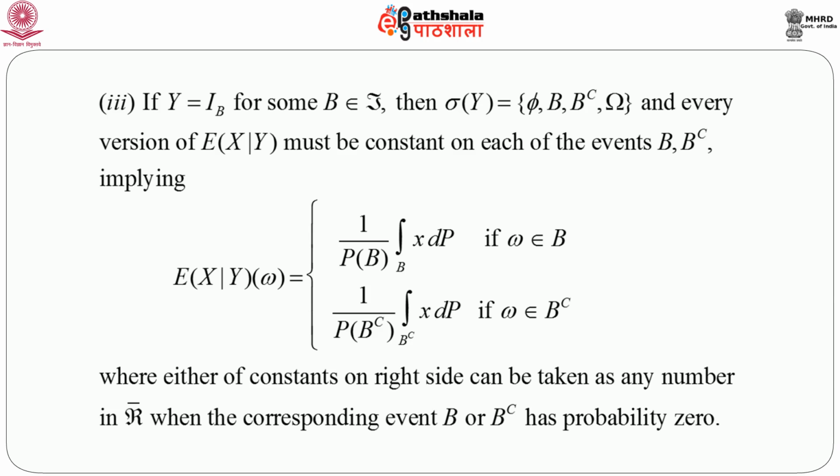It is clear that either of the constants on the right hand side can be taken as any number in the extended real line, that is R bar, when the corresponding event B or B complement has 0 probability. So this is the way we define it, and this actually fits into the formal definition of conditional expectation.